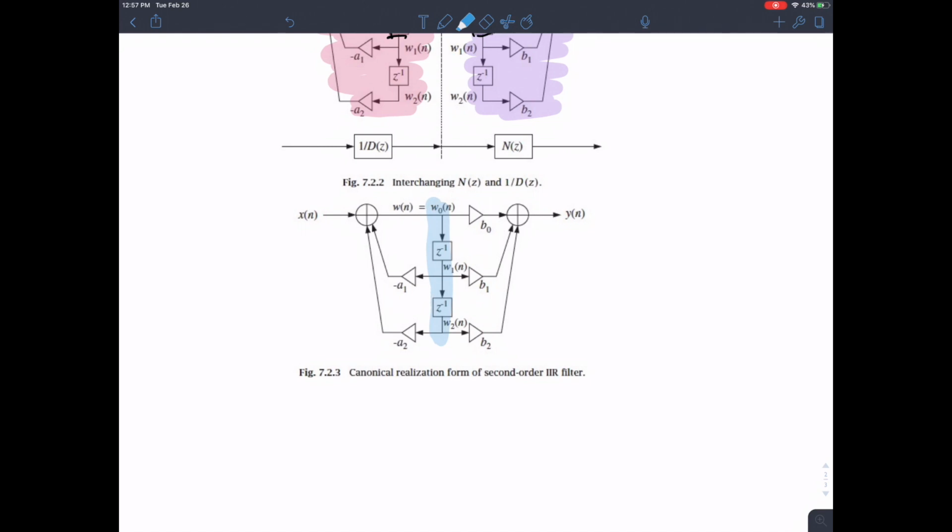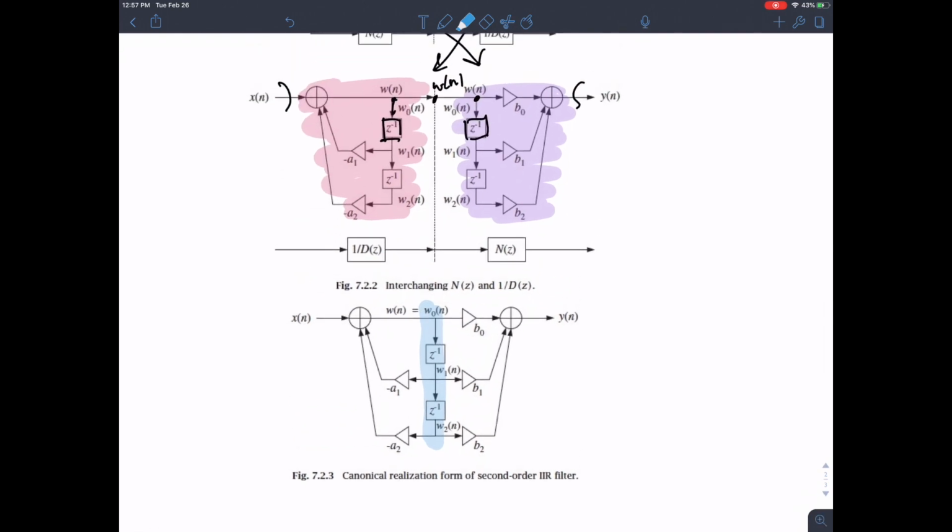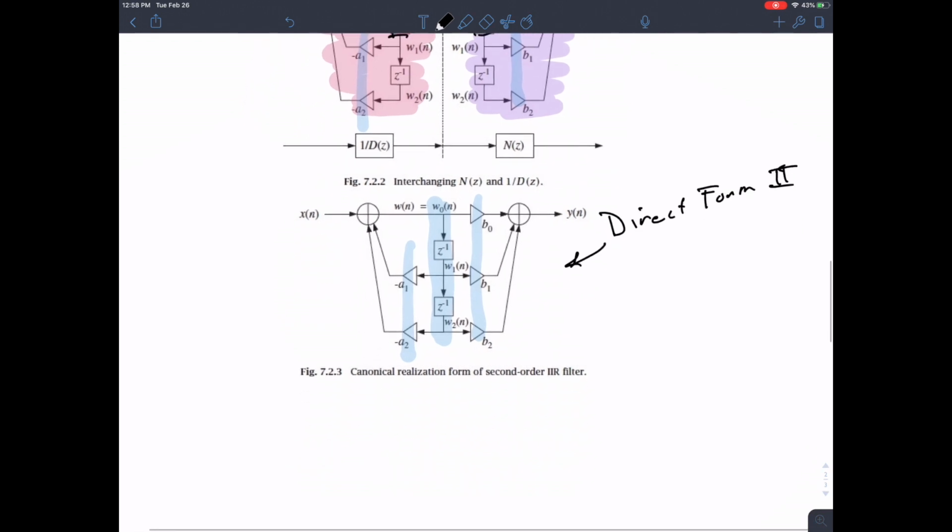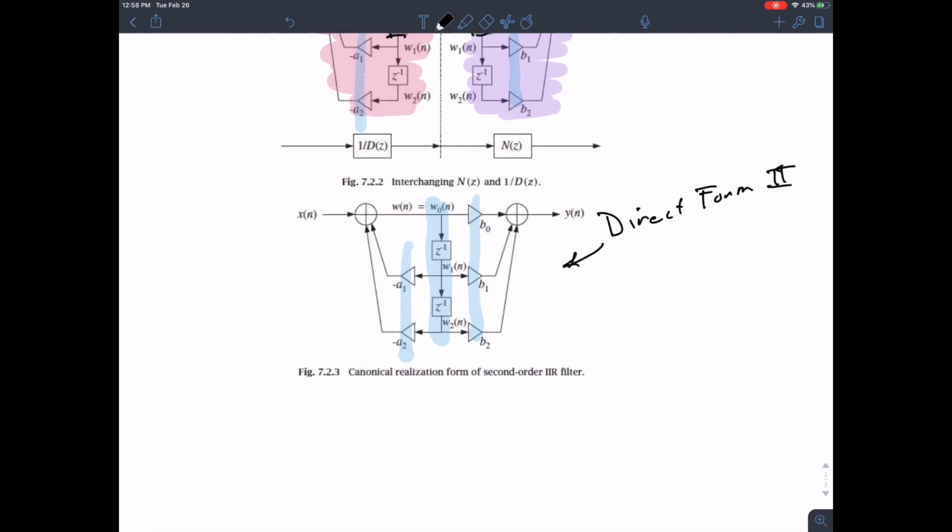Then the b's get picked off, and the a's get picked off, and we end up with direct form 2. Direct form 2 is not immediately obvious, and that's the only purpose of direct form 1, is to get to direct form 2.